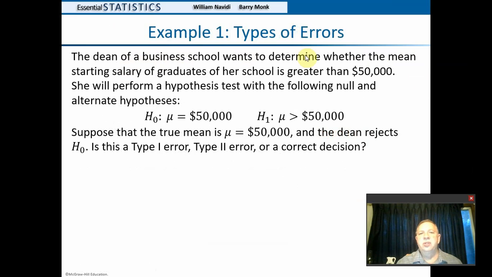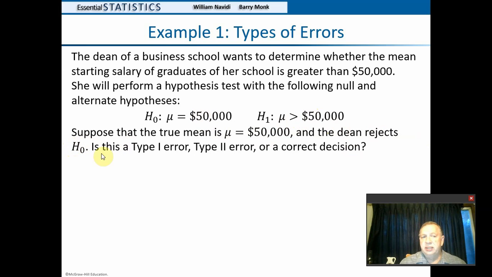The dean of a business school wants to determine whether the mean starting salary of graduates of her school is greater than $50,000. She will perform a hypothesis test with the following null and alternate: mu equals 50,000 versus H1, mu greater than 50,000. Right-tail test. The true mean was $50,000 and the dean rejects H0.